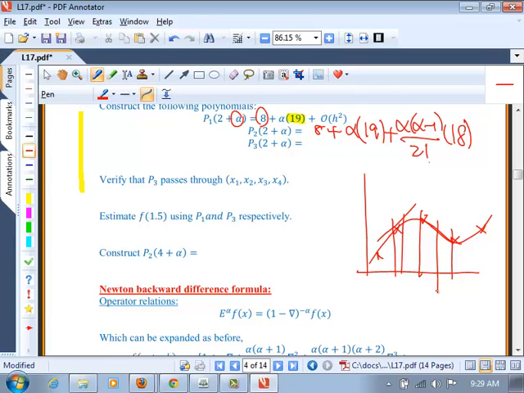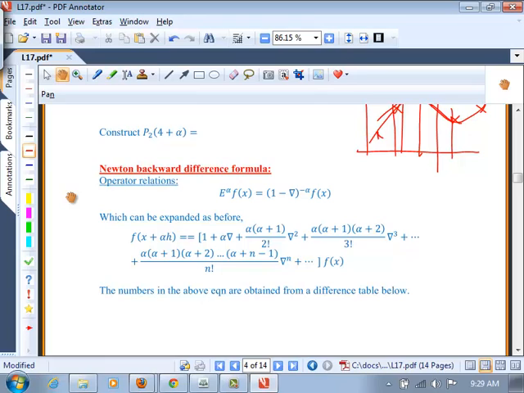Now, for the backward difference formula, do you understand where this comes from? It's again a discovery of the relationship between the shift operator and the backward difference operator. Can you assume that everybody is okay with that if I give you that equation?